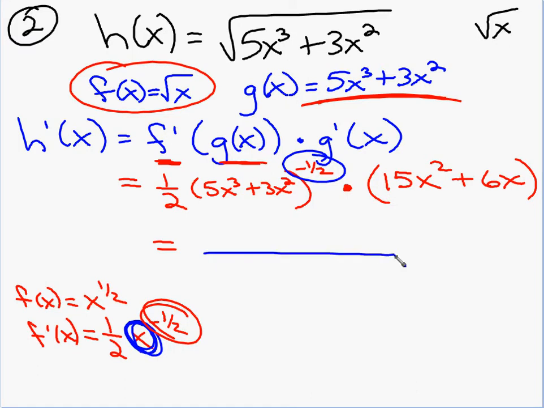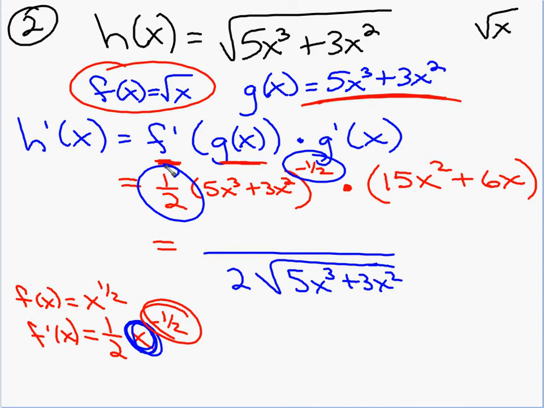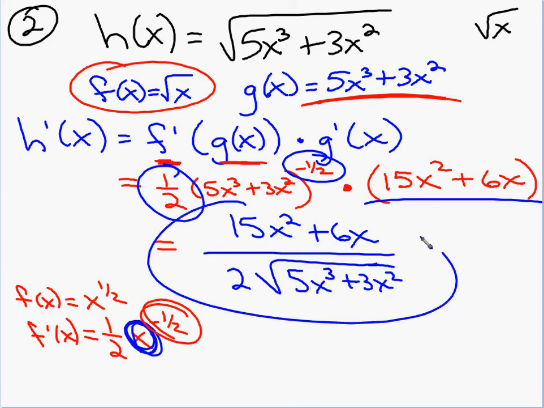So really what I have here is I've got the square root of 5x cubed plus 3x squared in the denominator. And I've also got a 2 down there as well because of this 1/2. And then on top, I can just have this part, 15x squared plus 6x. And even though that's a fraction, I think that is a better form than what we had before. So I would call this my final answer for h prime of x, the derivative.